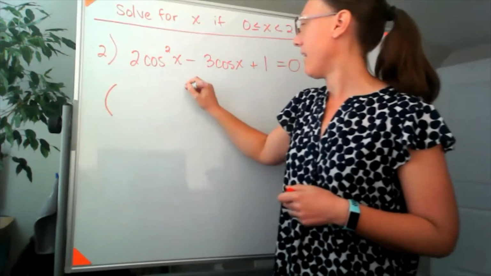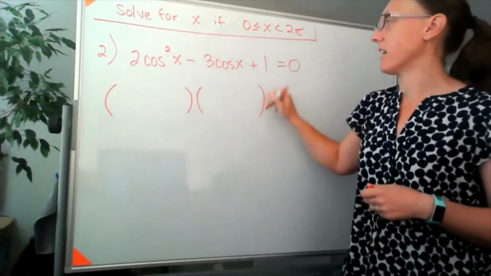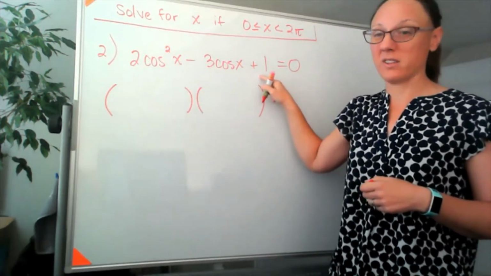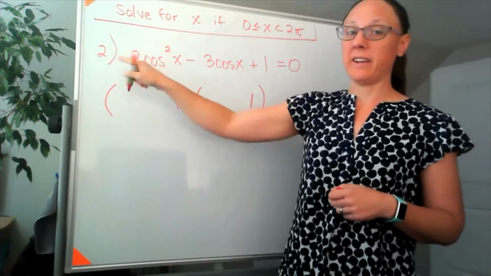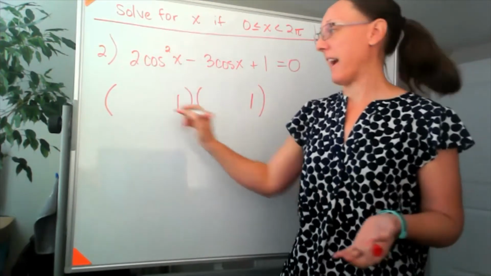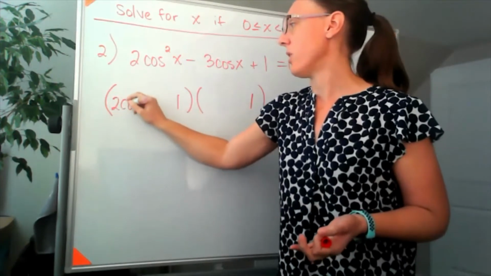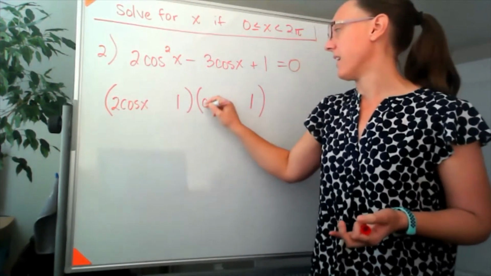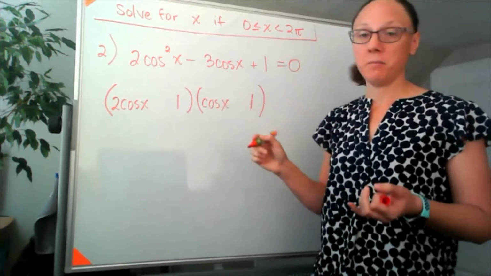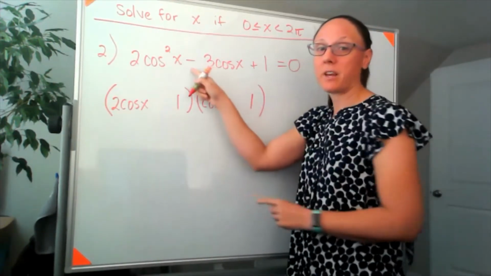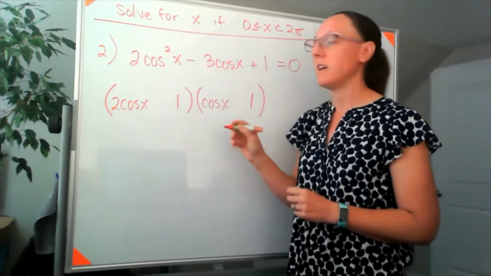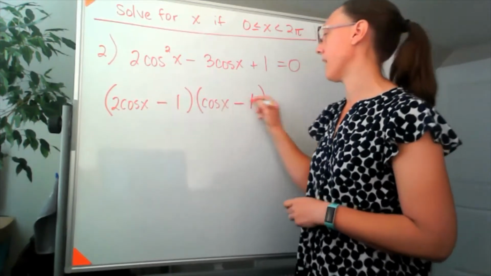And if I'm thinking about it factoring, there's only one way to get 1s. And there's only one way to get a 2 cosine squared x. I need a 2 cosine x and another cosine x. So now I just have to figure out the signs in terms of factoring to end up with a negative 3 cosine x. And it looks like they'll both have to be negative.